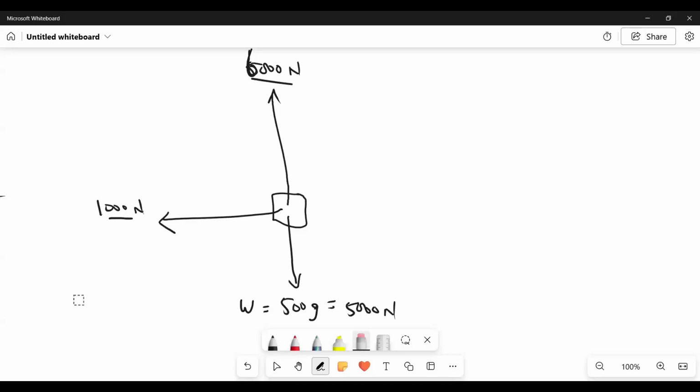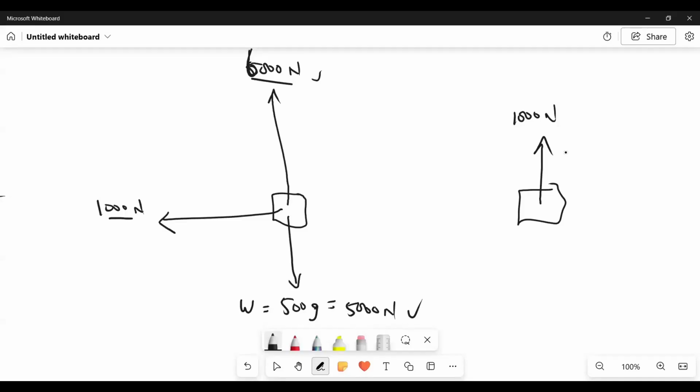The model is too complex. So we could replace this 5,000 and this 6,000 with one force. So we have the object here. And if 6,000 is acting up and 5,000 is acting down, the resultant is a force of 1,000 Newtons acting up. You agree with that?